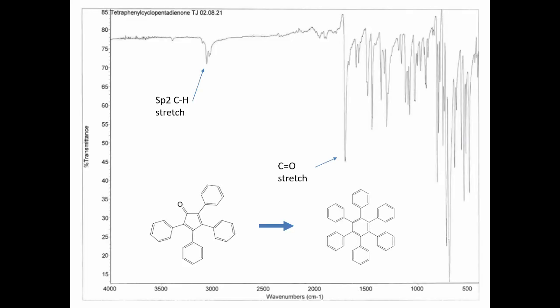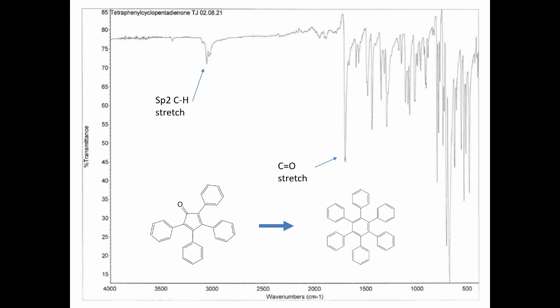Now let's look at what our spectrums would have looked like. The spectrum you're looking at right now is the IR spectrum of the tetraphenylcyclopentadienone, the TPCPD, only because I couldn't find a good spectrum of hexaphenylbenzene.